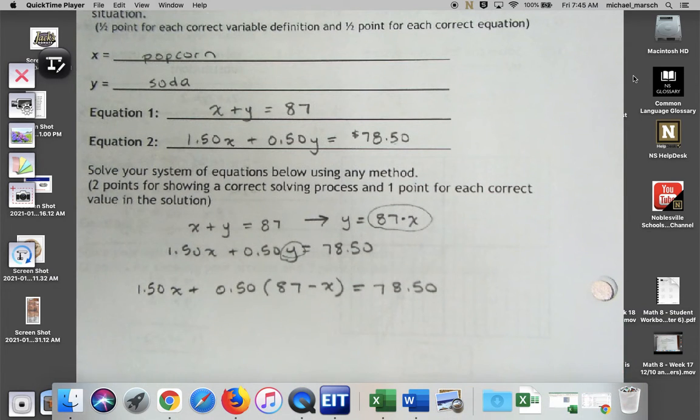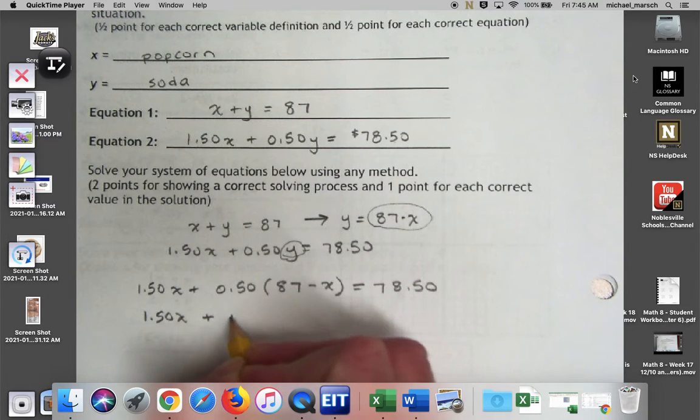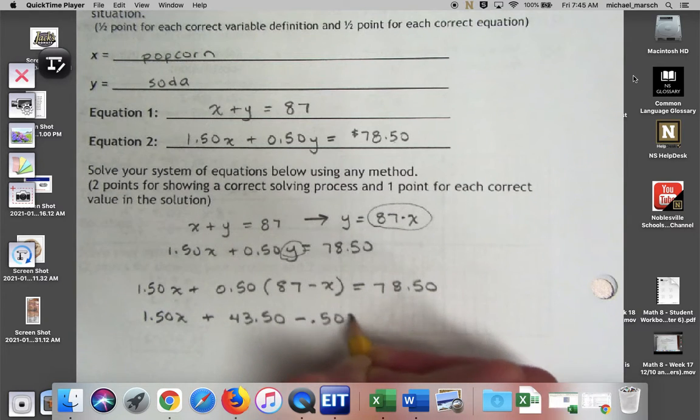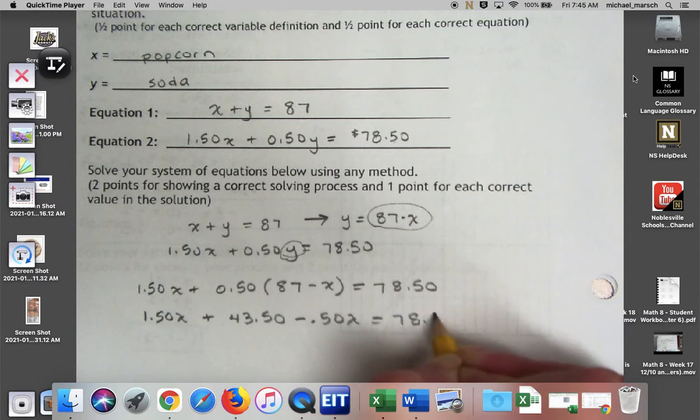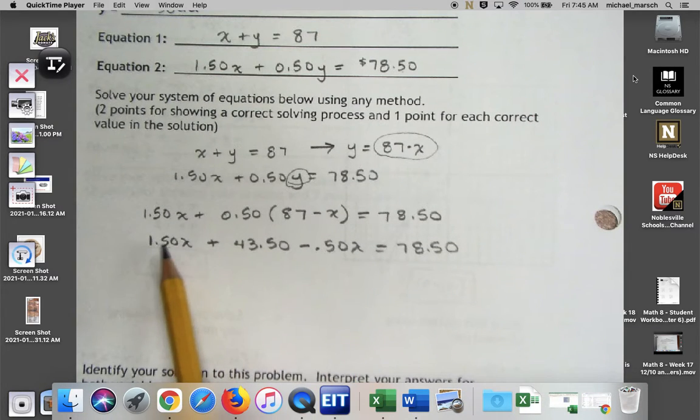Let me get my calculator out here. So let's see, what is 50 cents times 87? It's $43.50. So I've got 1.50x plus 43.50 minus 0.50x equals 78.50. So this is where I need to subtract my like terms. So $1.50 minus 50 is $1, right?